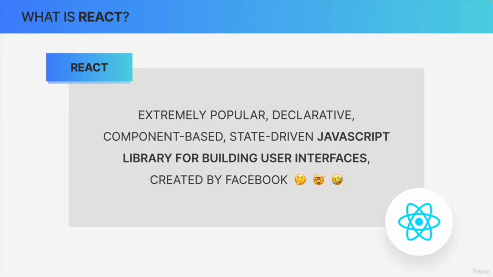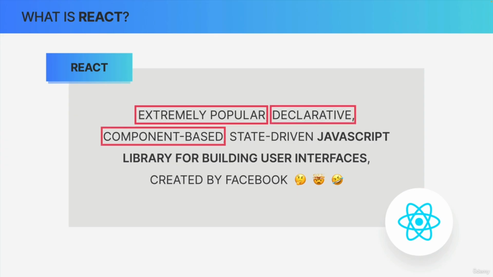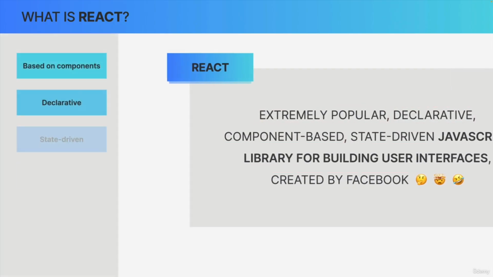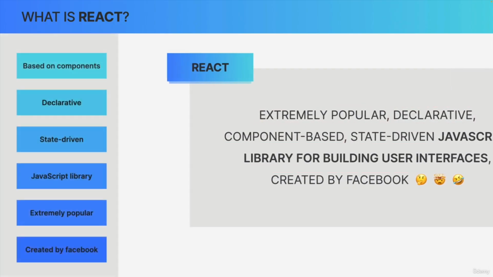So now, in this slightly modified definition, React is an extremely popular, declarative, component-based, state-driven JavaScript library for building user interfaces, created by Facebook. And this is actually a lot more helpful, because now we can deconstruct this definition and learn about what React actually is, step by step.